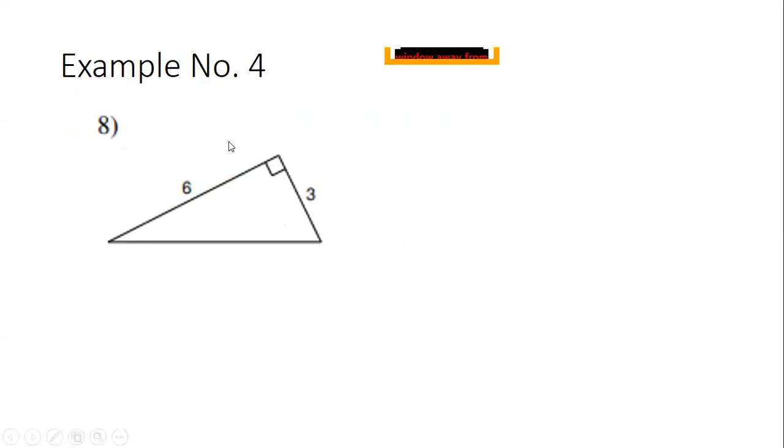Same procedure for example number 4. The unknown is the hypotenuse, so use the Pythagorean theorem: c squared is equal to a squared plus b squared, the underlying formula of the Pythagorean theorem. Just substitute everything in the formula.